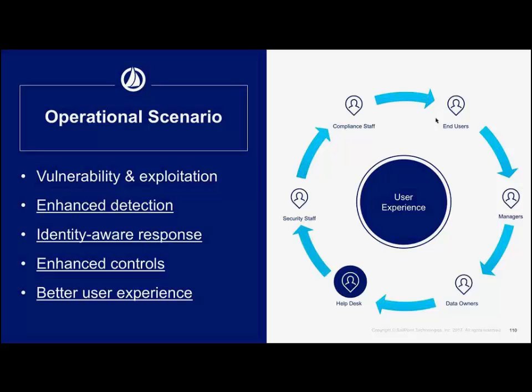We can help our help desk staff finally have visibility into the access of the people they're talking to, right? It's just a person on the end of a phone: I've got a problem. We now can give them knowledge of who somebody is, what they have access to, how they got that access, and what they're doing with that access. I mean, that's just a help desk dream for sure.